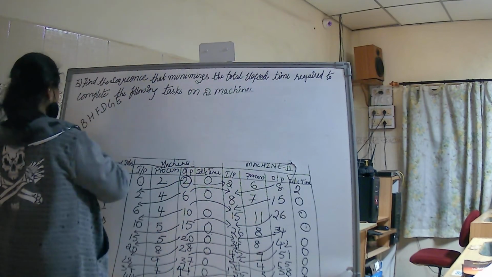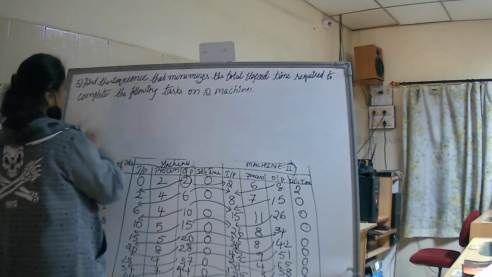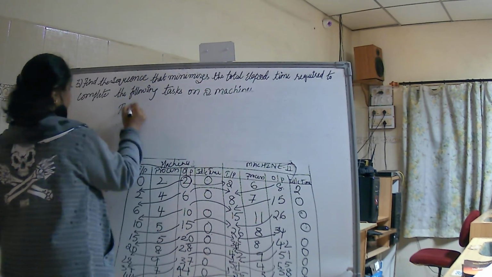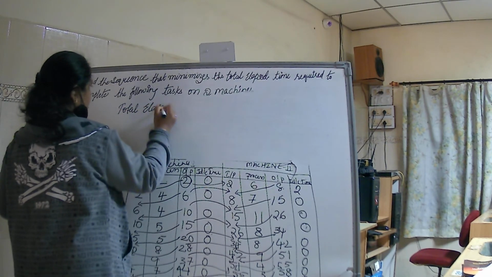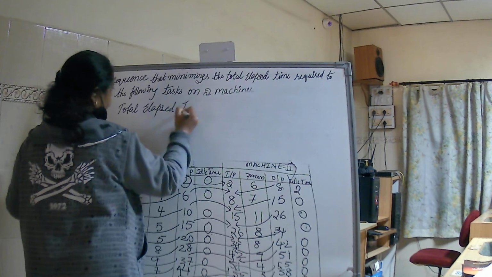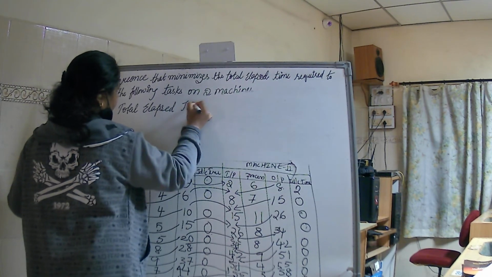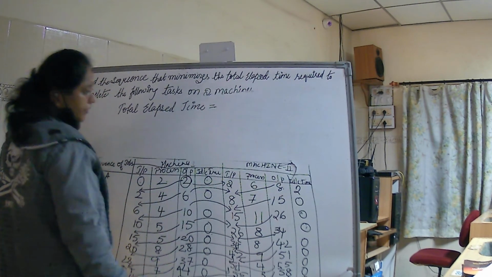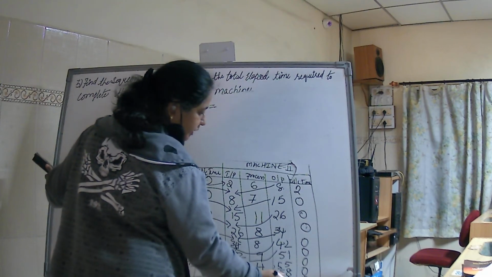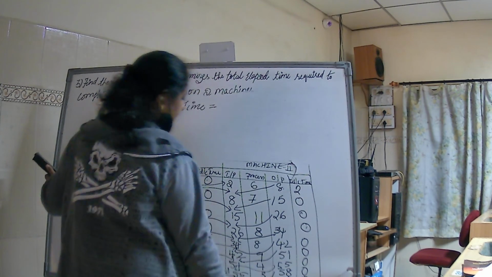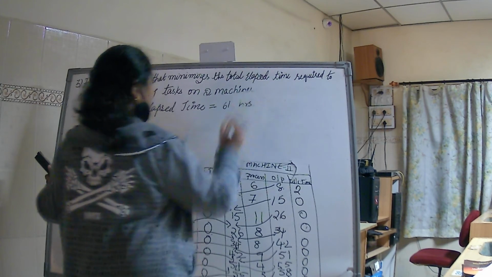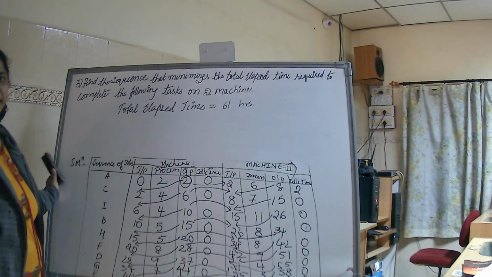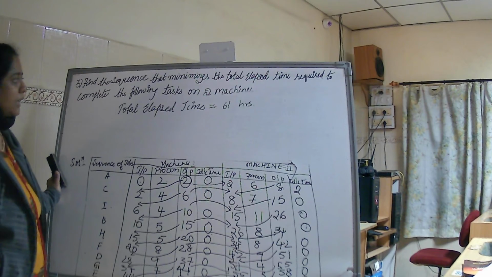So total elapsed time is nothing but the output of machine 2, last output of machine 2, which is nothing but 61. So it would be 61 hours. Okay students, so total elapsed time is 61 hours.